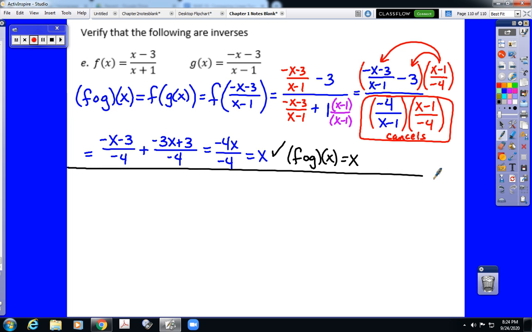Now we need to do what I consider to be the harder one and plug f of x into g of x. So g of f of x is what we're checking now. Remember, that means that we are plugging f of x into g of x. So that means we are doing g of x minus 3 over x plus 1. And I'm telling you right now that the negative in the top of that g is causing some issues.